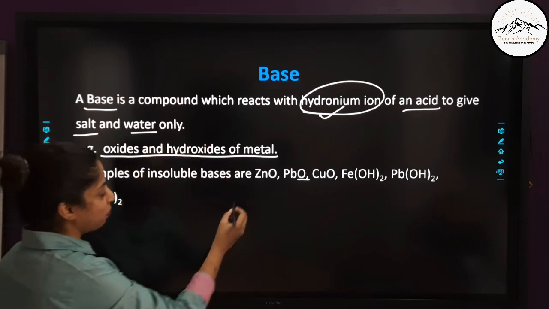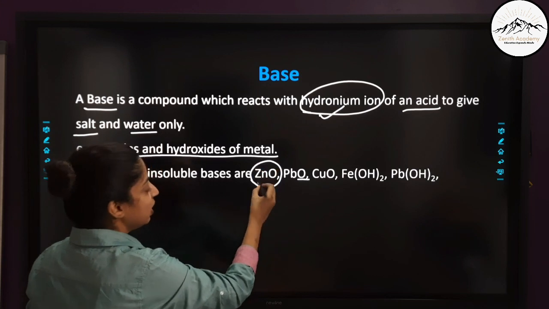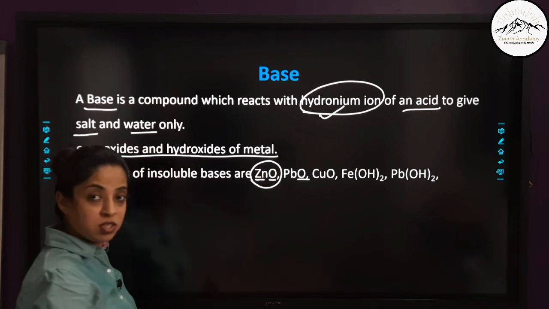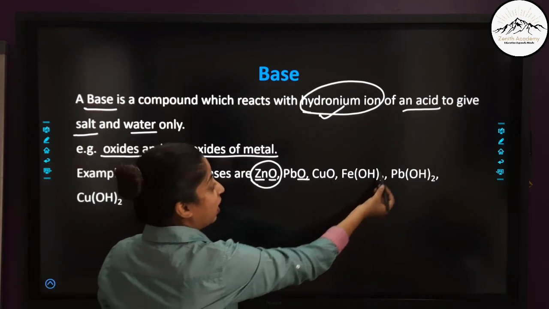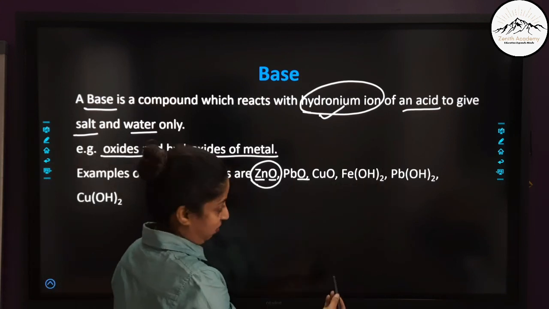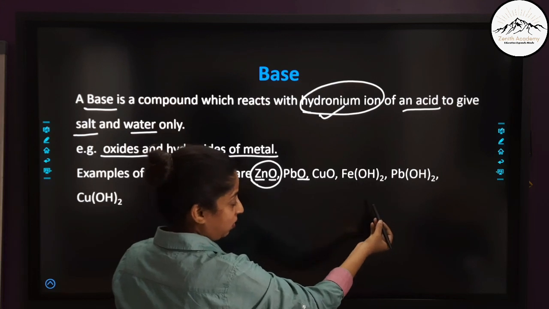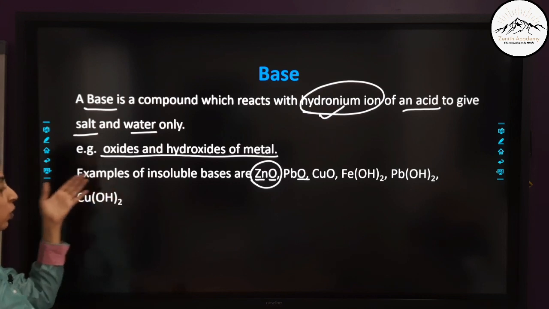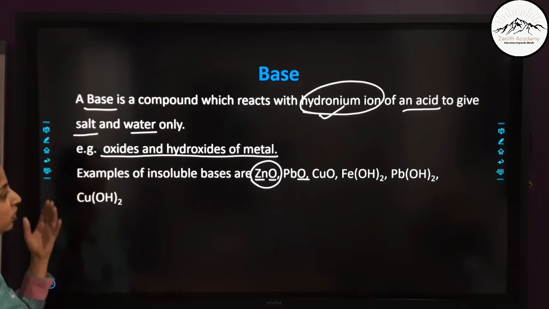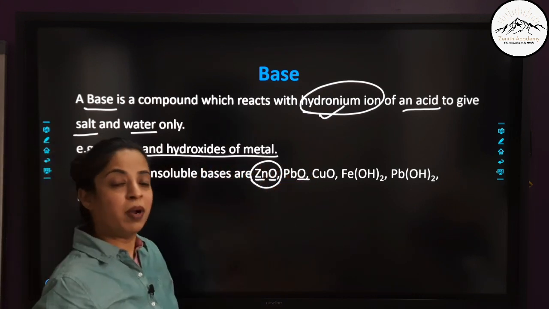So these are the examples. Zinc oxide, you can see, metal oxide. So metal oxide is base. Here also lead oxide, copper oxide, iron hydroxide. This is ferrous hydroxide, this is lead hydroxide and this is cuprous hydroxide. So these are all metal oxides or metal hydroxides.